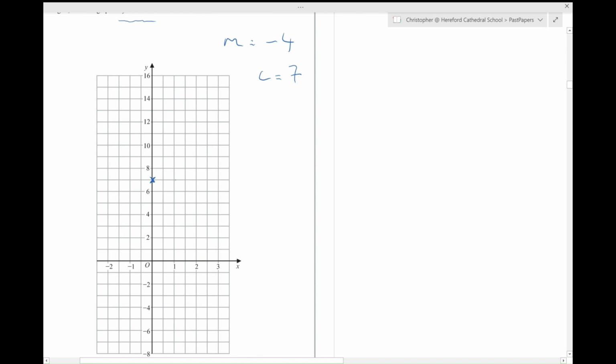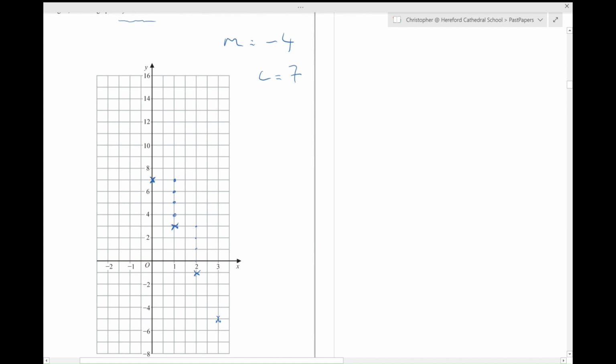So I go along 1, which takes me to here. And then I go down 4. And on the y-axis, the scale is 1 square for 1 unit. 1, 2, 3, 4. Go along 1 and down 1, 2, 3, 4. Go along 1 and down 1, 2, 3, 4. Right, so that is going to be my line.